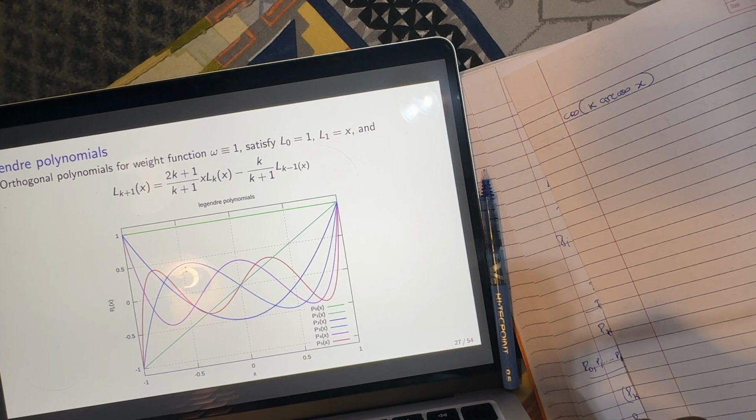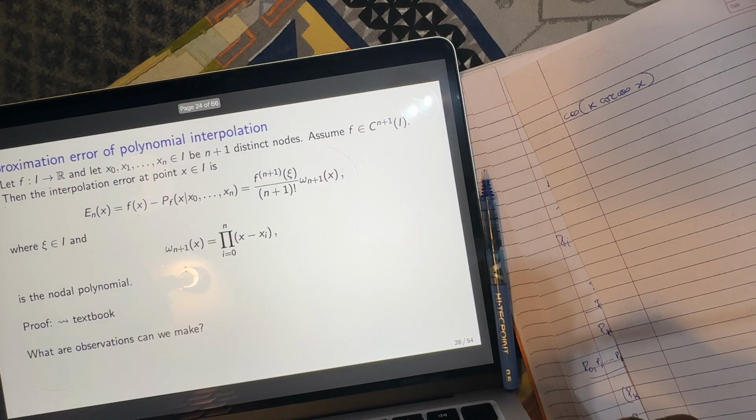This is the Legendre approximation error in polynomial interpolation. Let f be given and let there be n plus 1 distinct nodes.